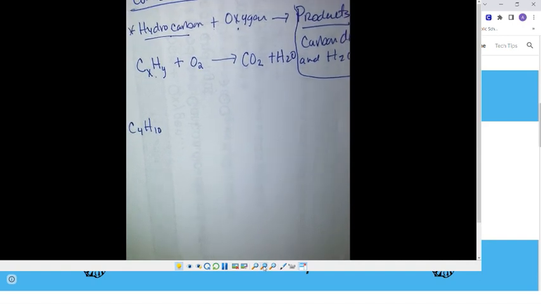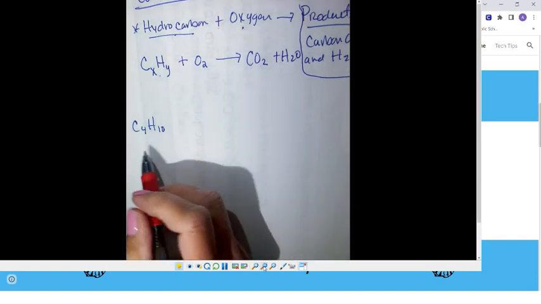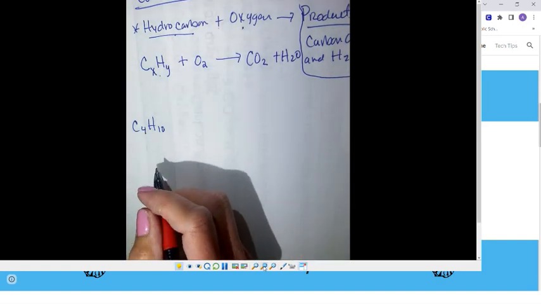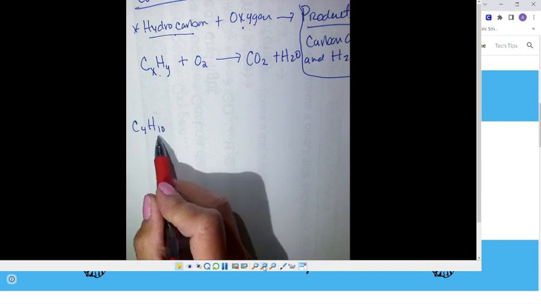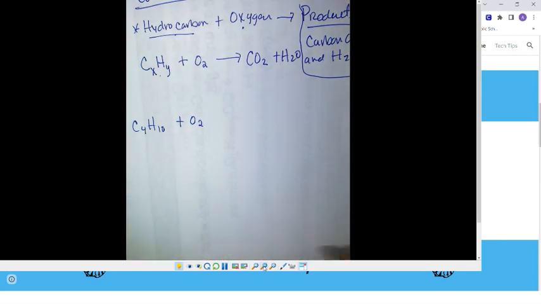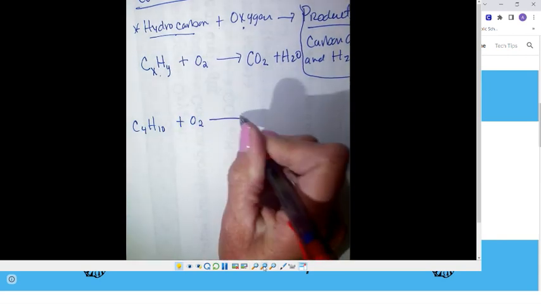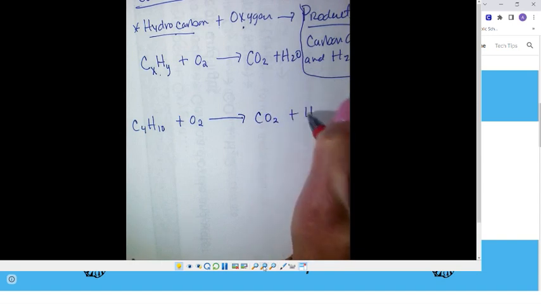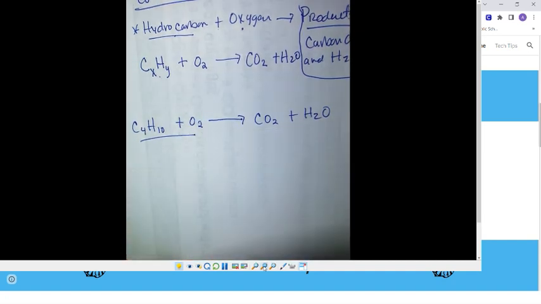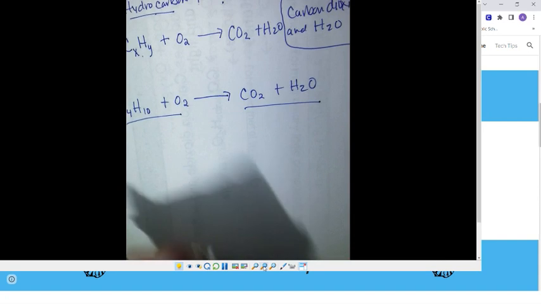If you have butane and it combines with oxygen, then your products will always be carbon dioxide and water. So what I'm going to do is give you the reactants, and then you're going to have to come up with the products. Right now this is easy because this is the only one we've done, okay?